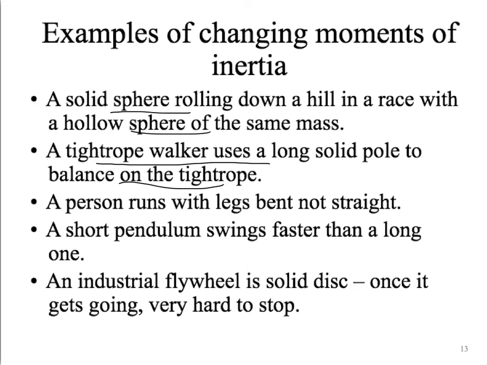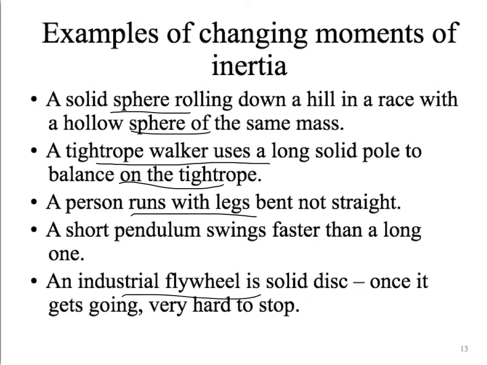That distributes your mass farther from the center of rotation, so you have more rotational inertia and you're less likely to rotate. If you want less rotational inertia, like you want to go fast, you make that mass closer to your center of rotation, so a person will run with their legs bent, not straight. A short pendulum swings faster than a long one, because that mass is closer, so less rotational inertia.